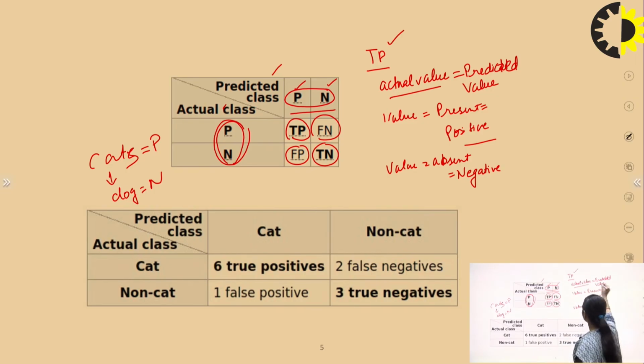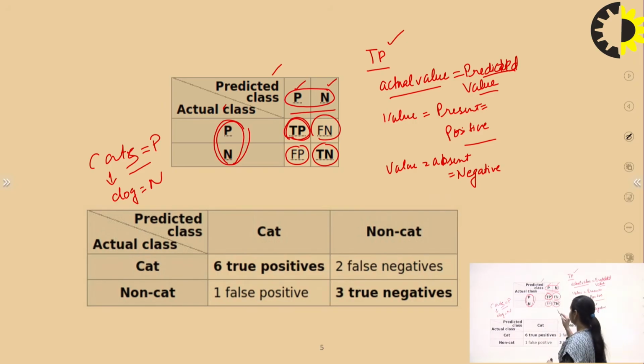If the actual value and the predicted value both are equal, that means if the cat is present in the image and the predictor, that is the classifier, is also predicting that the cat is there, then both are on the same page. The predictor is on the same page and the actual value is also on the same page. So in such a case, we say that the value is true positive, right?